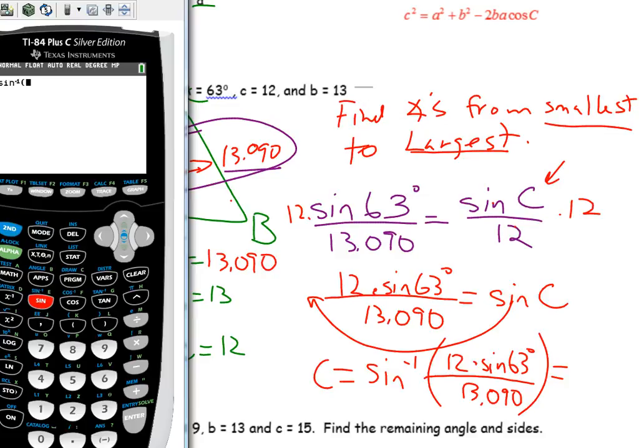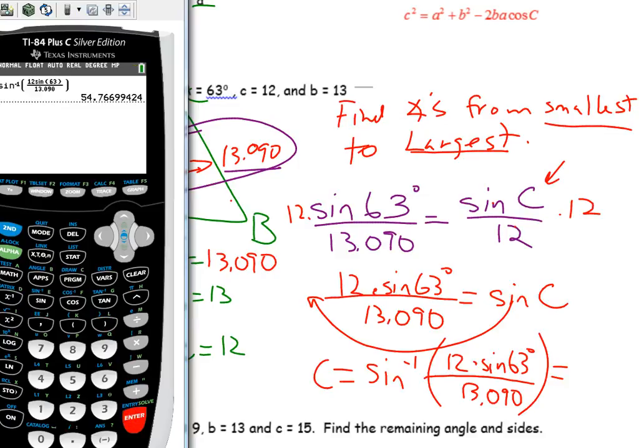It opens up my parentheses, so now I'm going to put a fraction. To get the fraction, you hit the green alpha button, the y equals button, and then enter. Now you type in 12 times the sine of 63 degrees, close parentheses, divided by 13.090. And then you have to take the cursor to the right, close off the parentheses, and then hit enter.